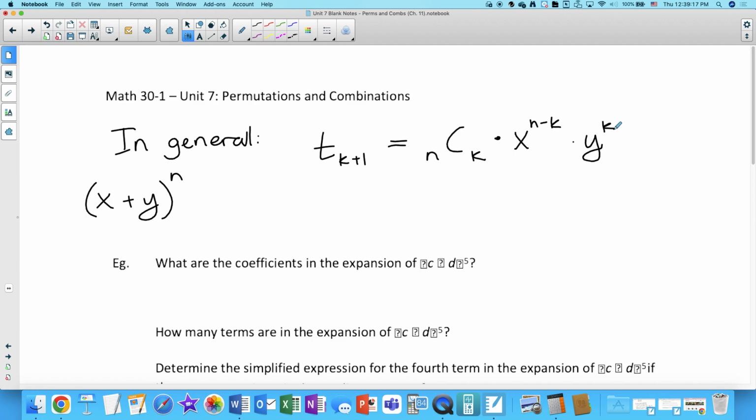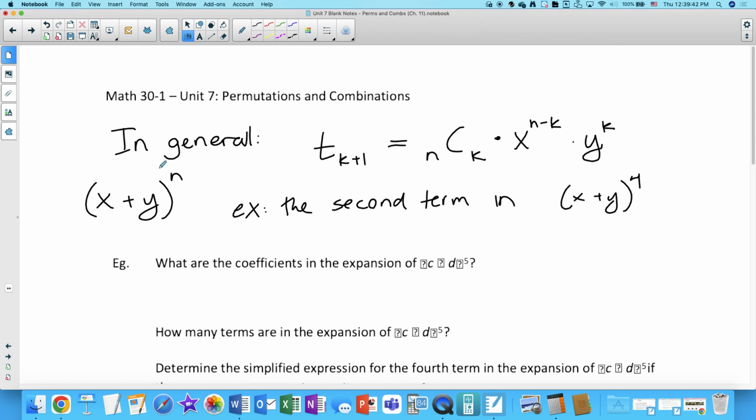Okay, now as an example, the second term in (x plus y) to the 4. And I'm picking this one because we've just looked at what that is on the previous page.